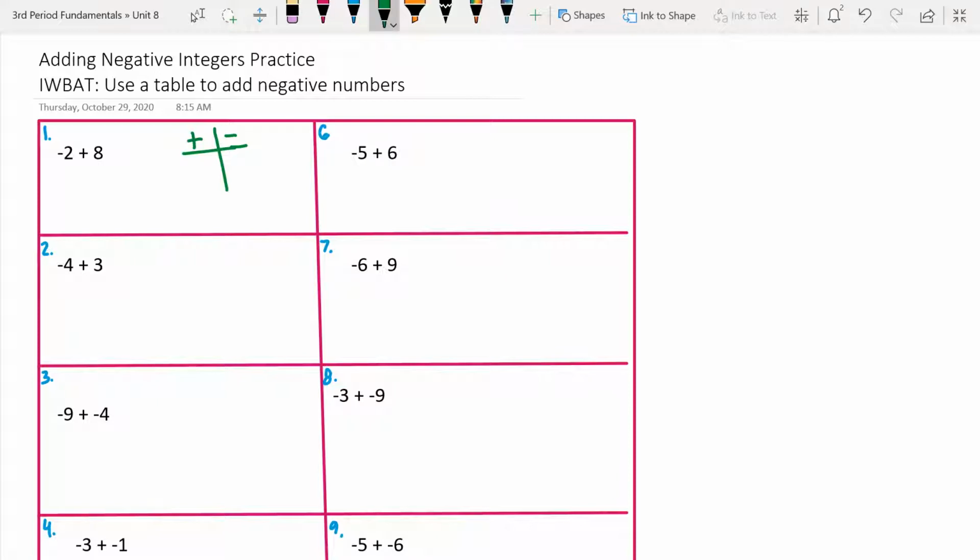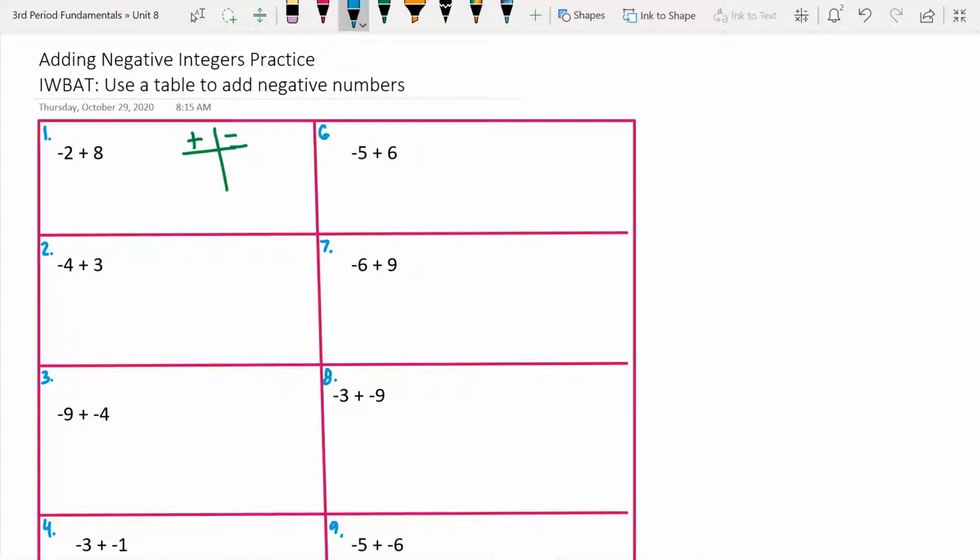And when it's not a plus in the middle, so when it's not an adding problem, I will show you in a week how to change these other problems that we're going to see into an adding problem so we can use our table. So in the end, we'll be able to use this little method all of the time.